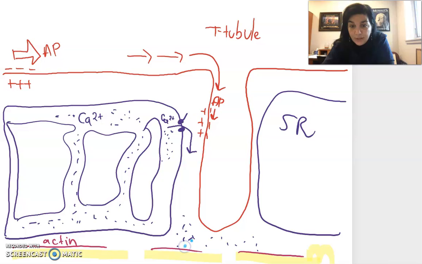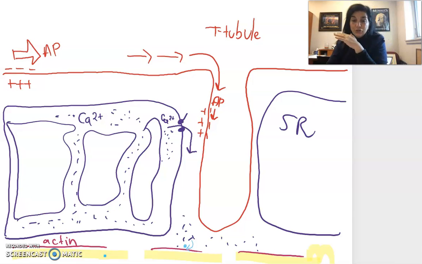And troponin is the one that's going to bind to the calcium available now in the sarcoplasm. So I had described how troponin, upon the binding of calcium, this complex troponin-tropomyosin shifts.